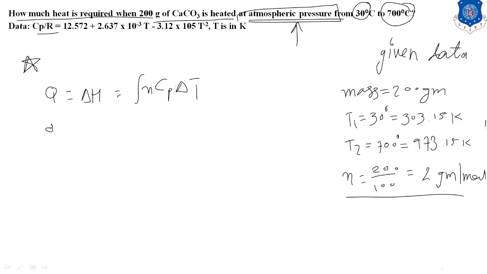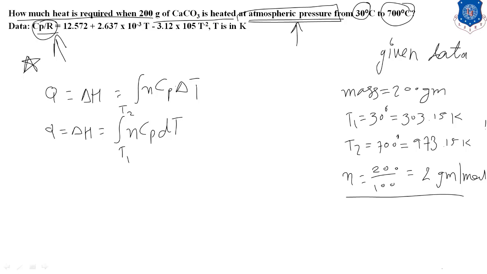So we can write Q is equal to delta H is equal to N times integration of T1 to T2 of Cp dT.